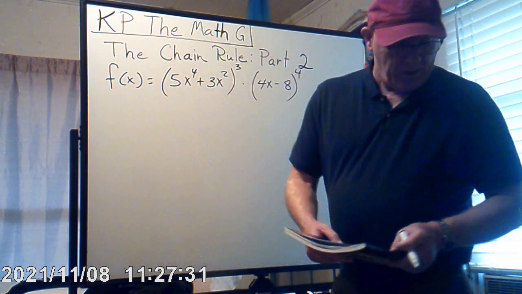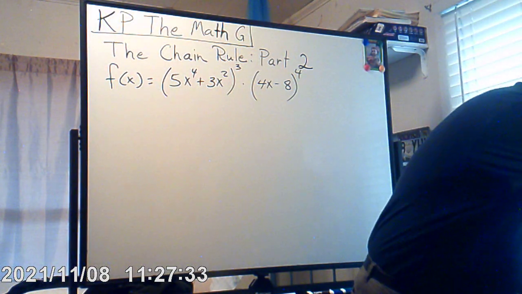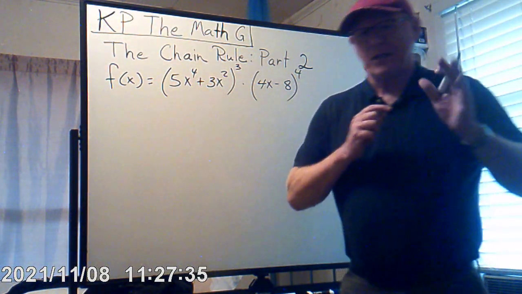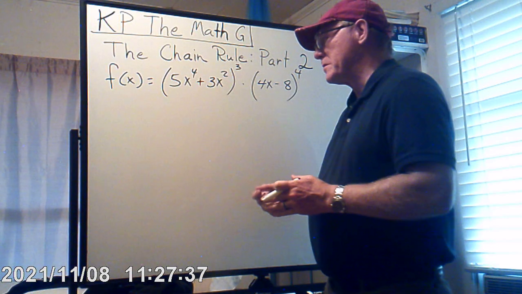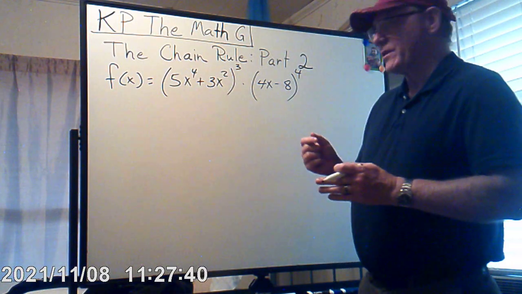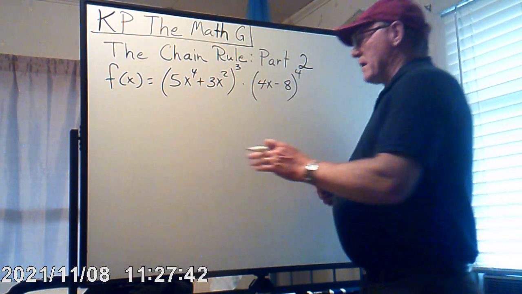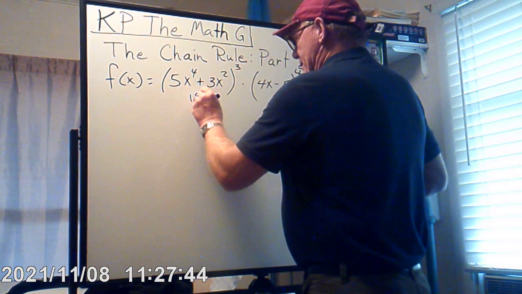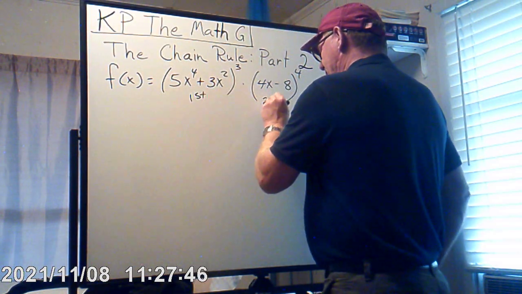Now, we still have to do the product rule, but incorporated in the product rule, we may need to do the chain rule. Alright, so we're going to call this the first, and then this the second.